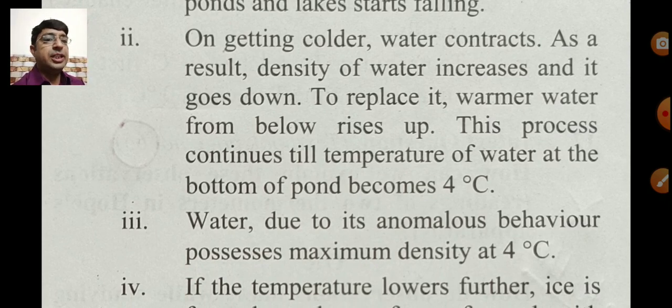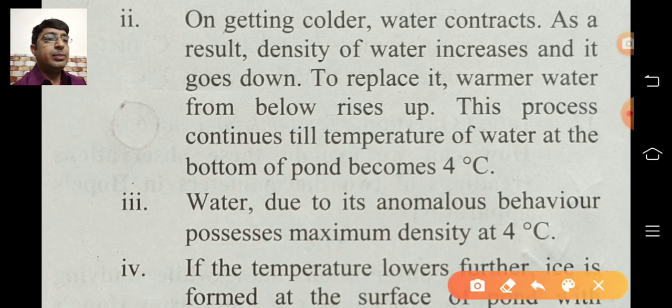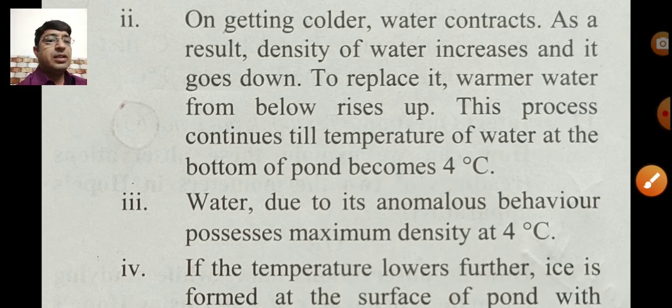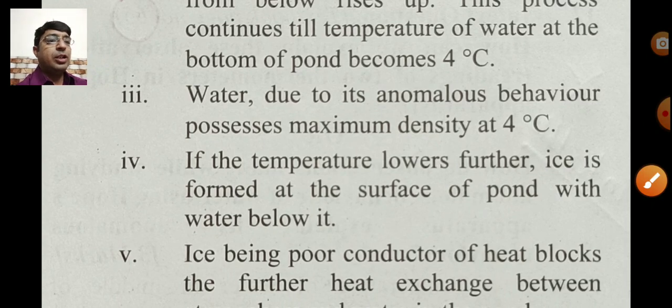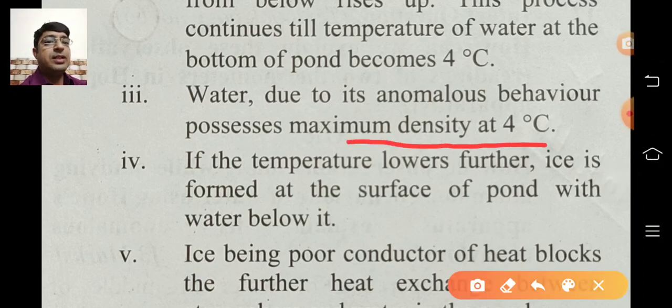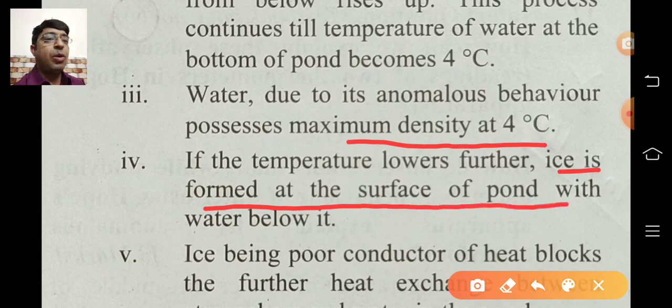This process continues till the temperature of water at the bottom of ponds becomes 4 degrees Celsius. Water, due to its anomalous behavior, possesses maximum density at 4 degrees Celsius. If the temperature lowers further, ice is formed at the surface of the pond with water below it.